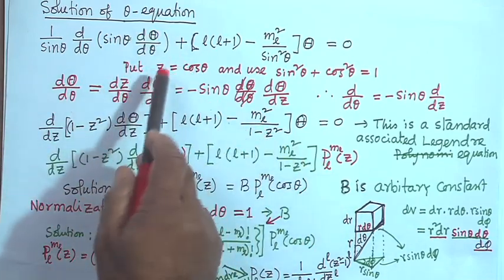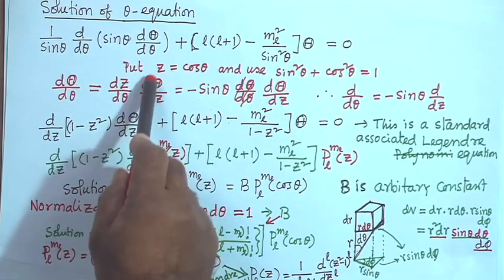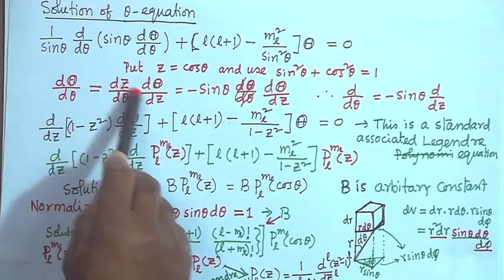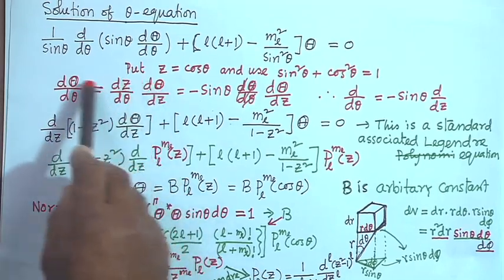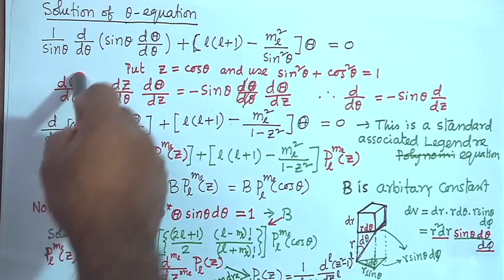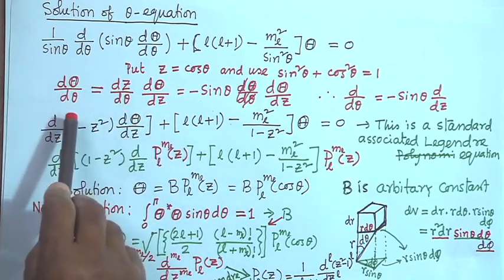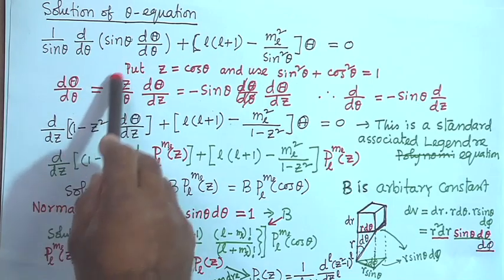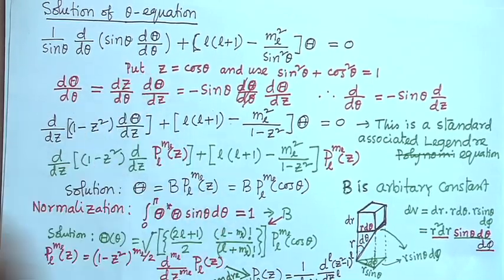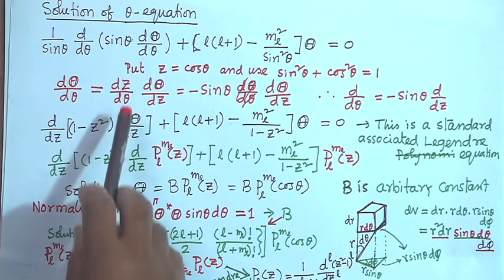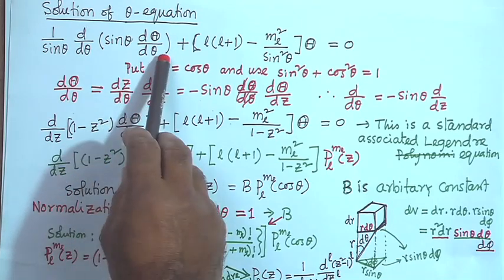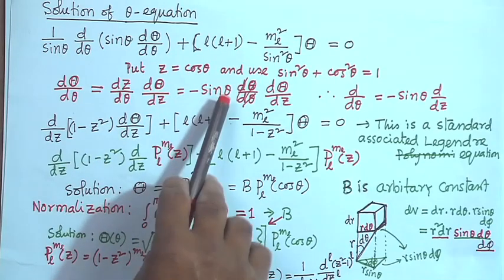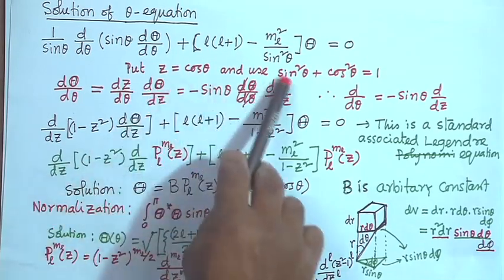So, one can write d capital Theta by dz. So, basically d capital Theta by d theta can be written in these two terms. Okay. So, dz by d theta is nothing but minus sin theta. Okay. So, minus sin theta, and this is there.